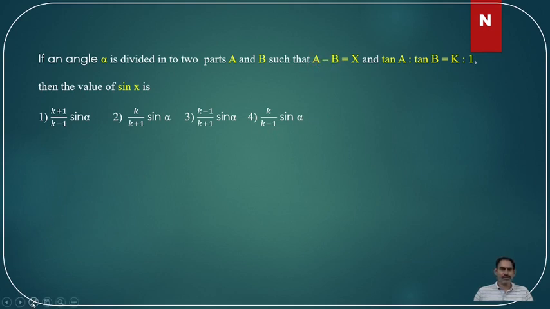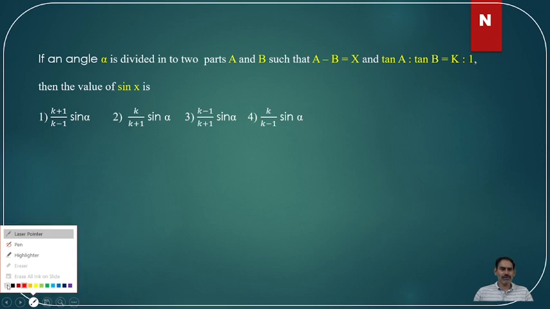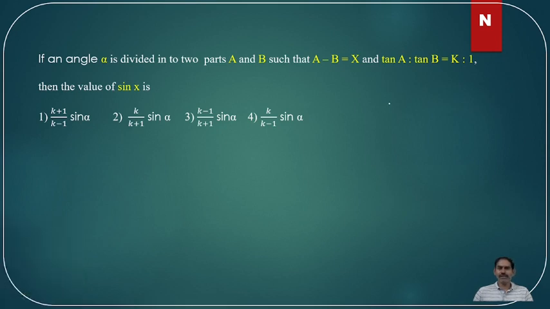In this question we are going to use one of the formulas called componendo and dividendo. When A by B equals C by D, then A plus B by A minus B equals C plus D by C minus D. If these two are equal, then these two are also equal.